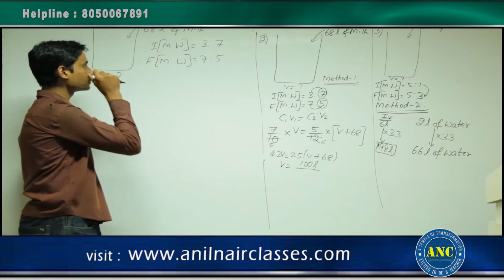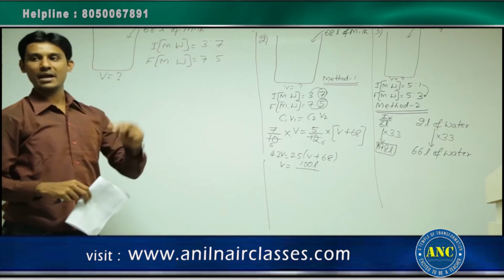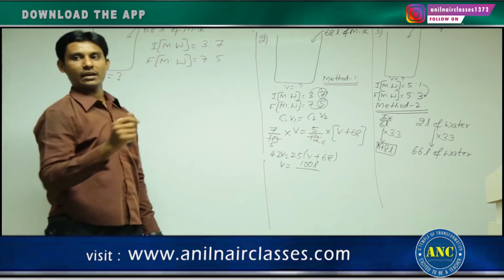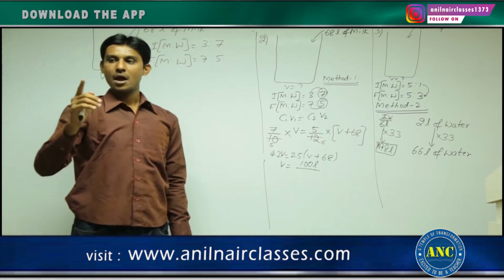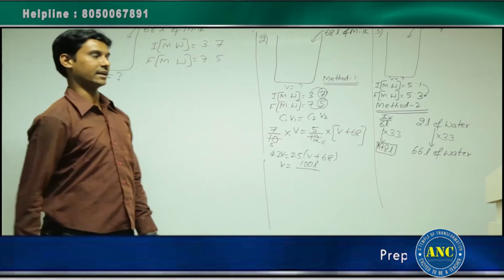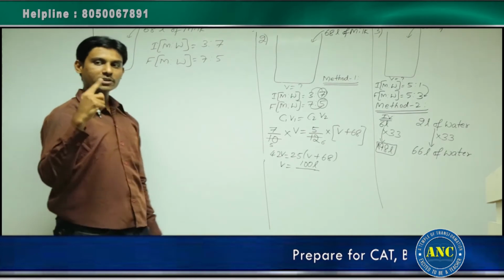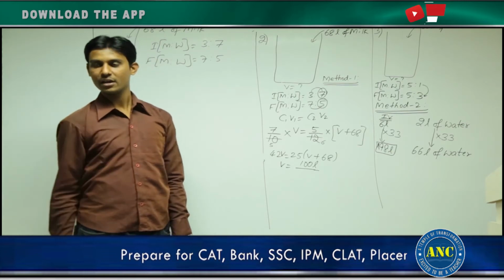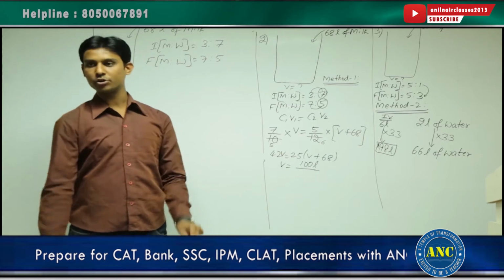Now see here. Always work with the parameter which is unaffected. You are adding the milk parameter into the mixture. If you are adding milk, milk will get affected. What is not affected? Water is not affected. That means how much ever water quantity was there initially, finally also the same water quantity should be present.